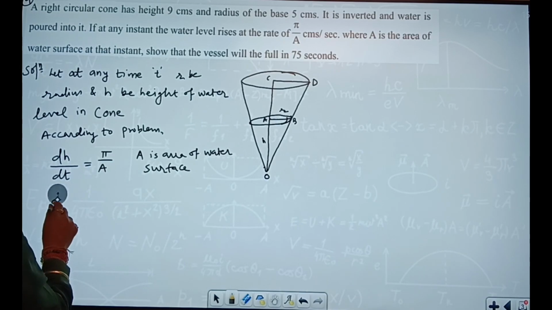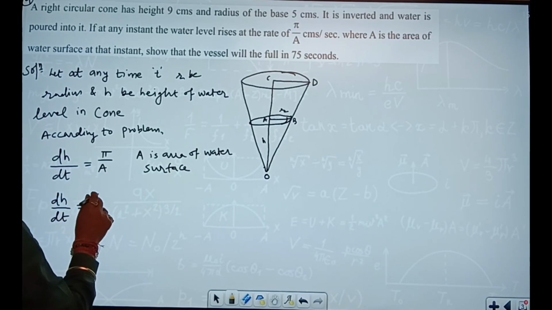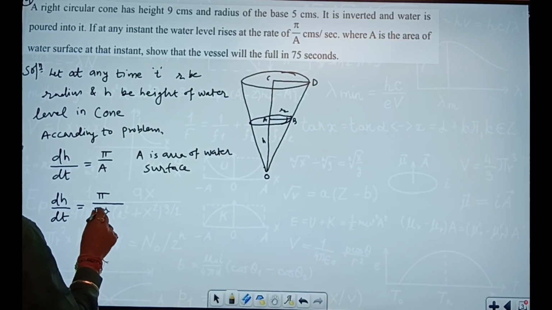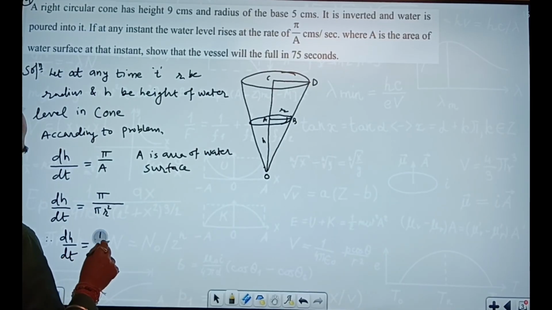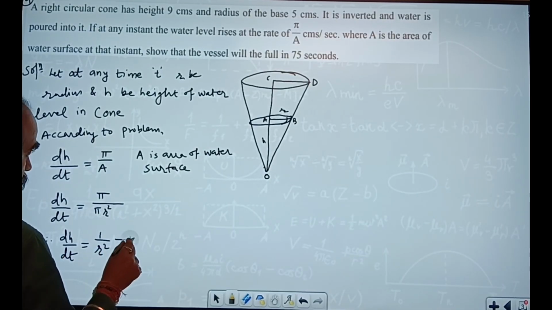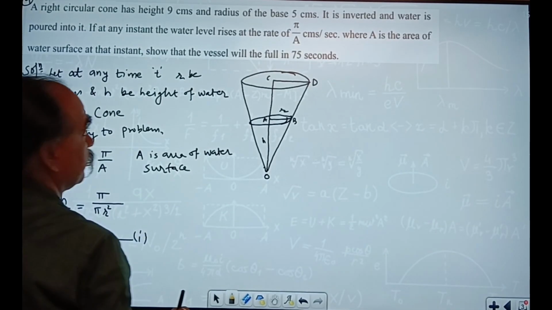So dh by dt is what? Pi by area of water surface, which is pi r square. dh by dt is 1 by r square. We'll write this as equation number 1.